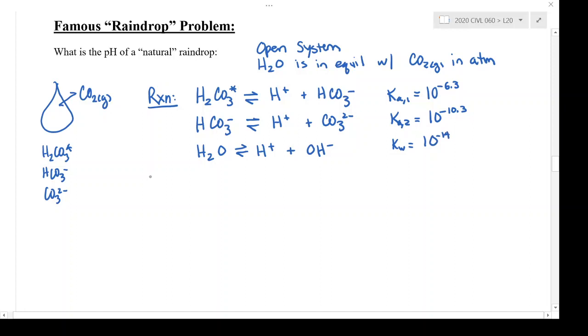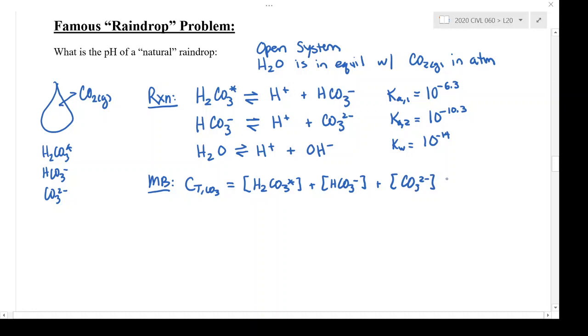The next step in my process is to write out the mass balance equation, which is CtCO3, and this includes all of my carbonic acid species. So I have H2CO3 star, bicarbonate, HCO3 minus, carbonate, CO3 2 minus.